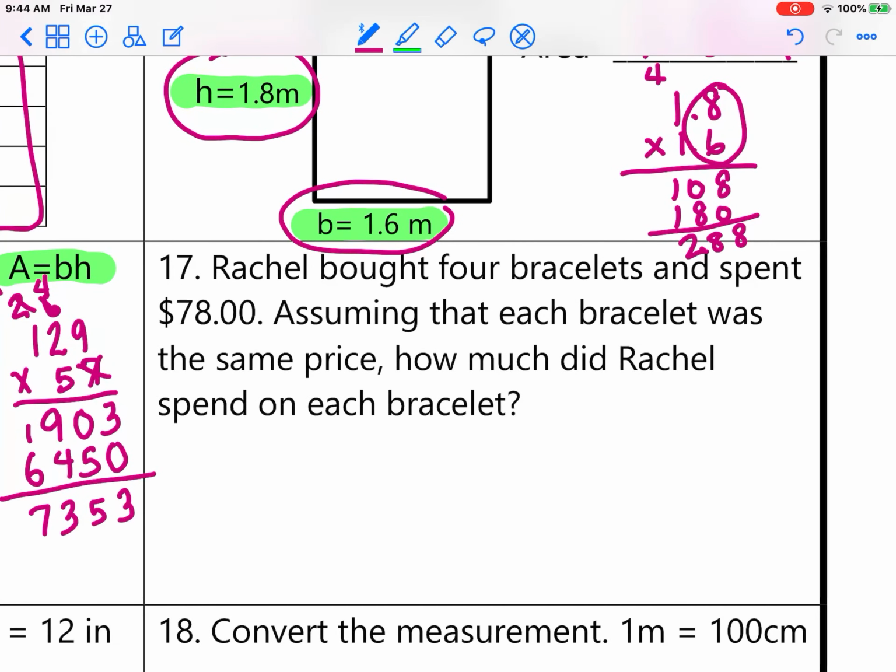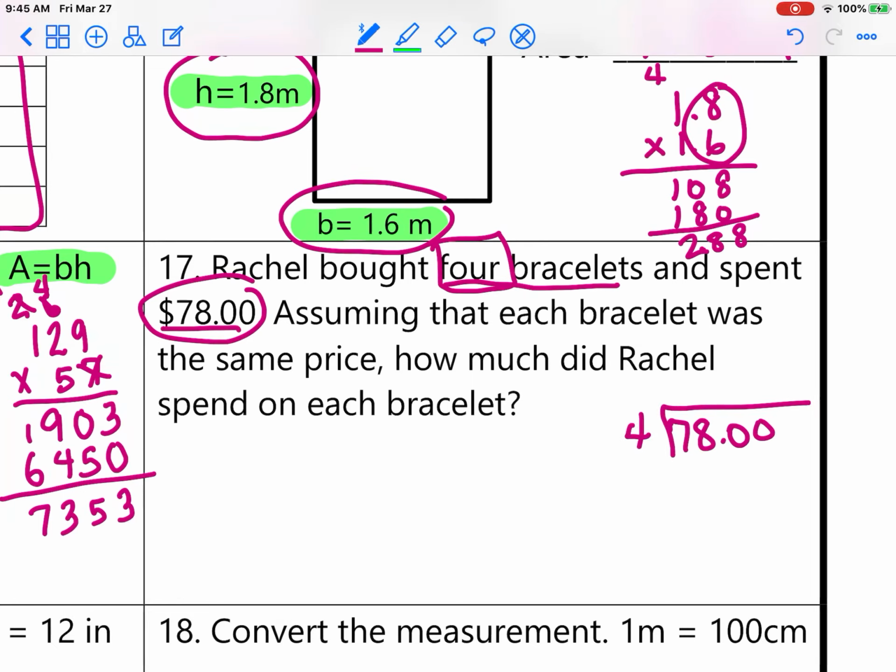Okay, moving on to number 17. Rachel bought 4 bracelets and spent $78. Assuming that each bracelet was the same price, how much did Rachel spend on each bracelet? So I bought 4 bracelets, cost $78. We take the price, $78, and we divide it by the number of things that we purchased.